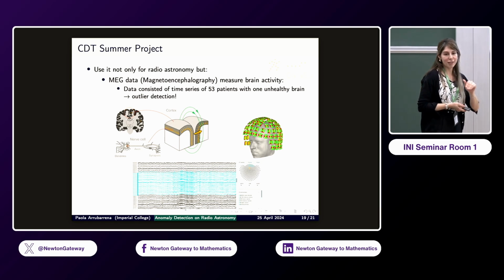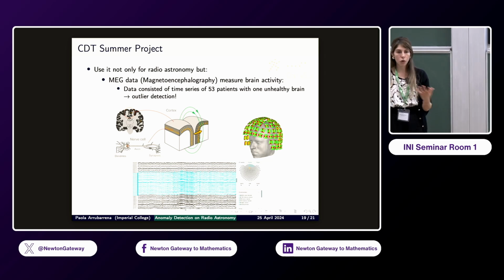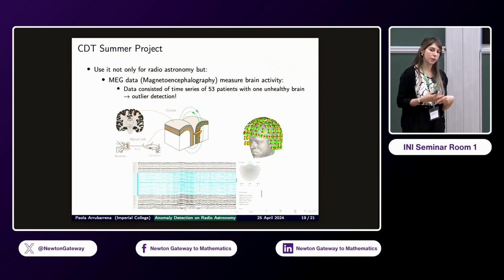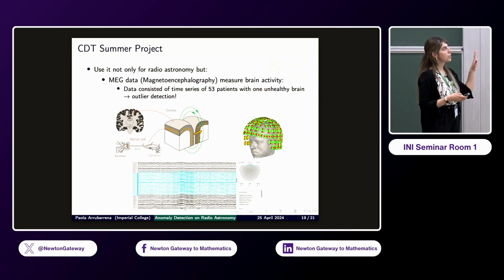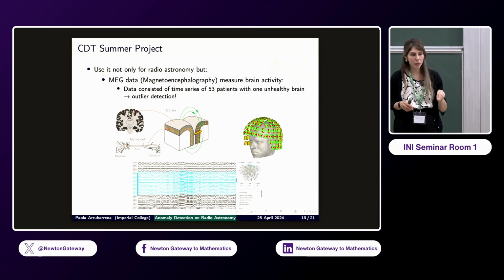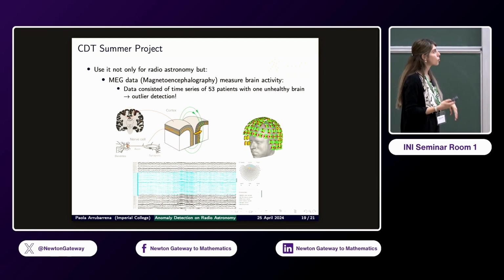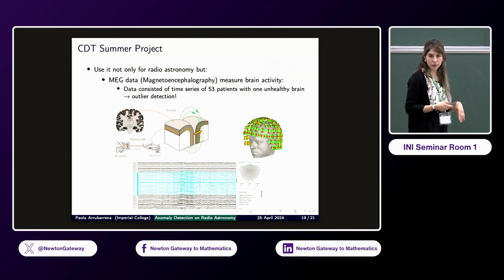And the goal was to find which patient was the unhealthy one. Now, as we needed to build this corpus of normality and have our calibration scores, they told us 20 patients that were healthy, but the rest we had no idea. So with these 20 patients, we were able to build the corpus of normality and calibration scores, and then test it on the rest and see if we could find it.